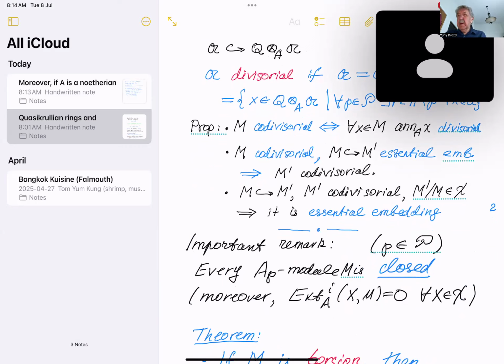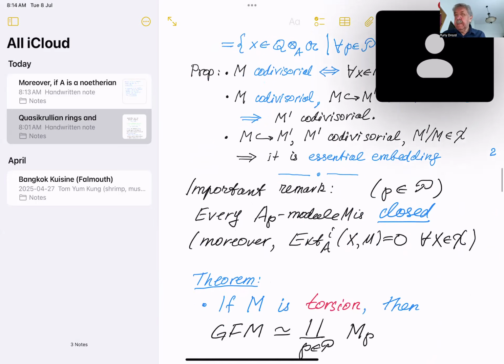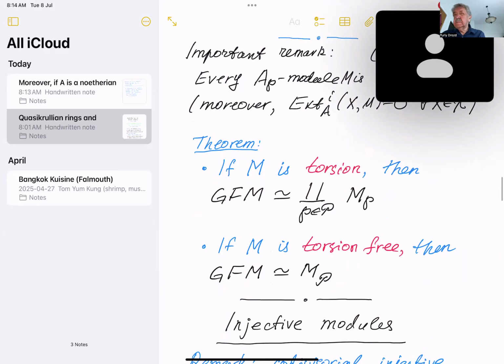An important remark is that if we take a prime ideal of height 1, then every A_P model, if considered as a model, is closed. Moreover, it has no X with elements from height 1 at all. And we can prove the following theorem.